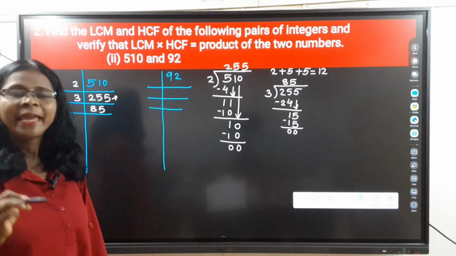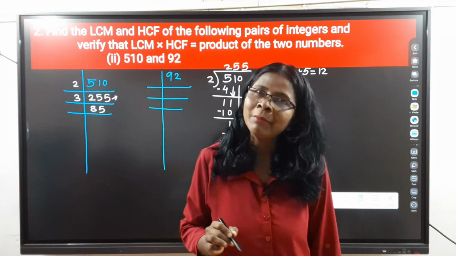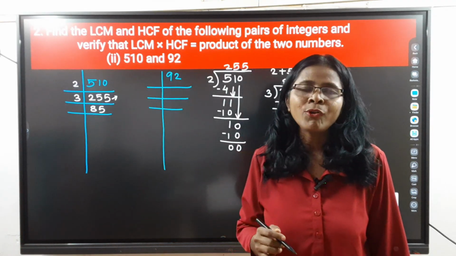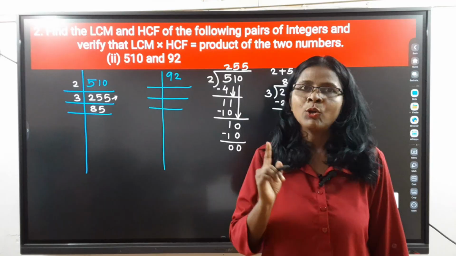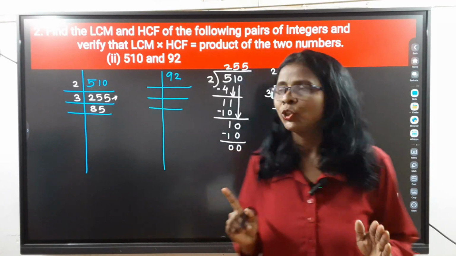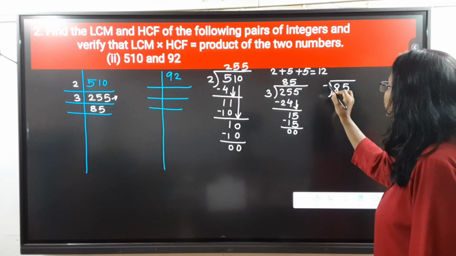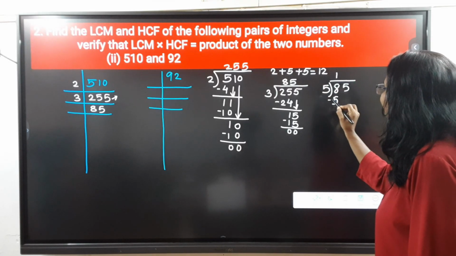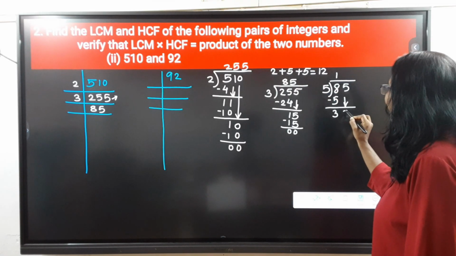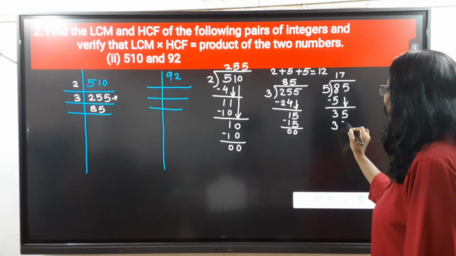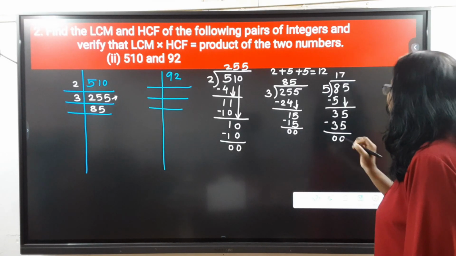Now 85 is not divisible by 3, not divisible by 4, but it could be divisible by 5 because at the unit place there is a 5 digit. So 85 is divisible by 5. 5 ones are 5, so here 3 and here 5, 5 sevens are 35. So minus here 0.